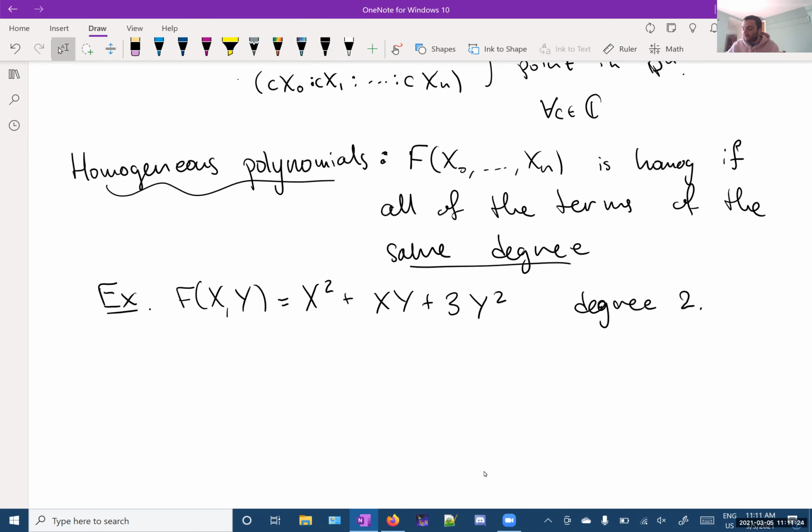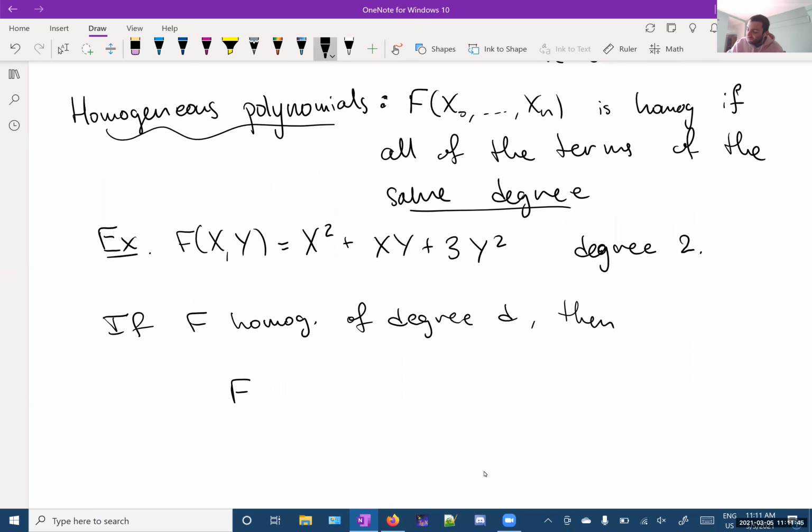Okay, so this is what a homogeneous polynomial is. The reason we care about this is because homogeneous polynomials of degree d, so if f is homogeneous of degree d, then they have this very nice property that f of c times x0, cx1, up to cxn is just c to the d times f of x0 up to xn.